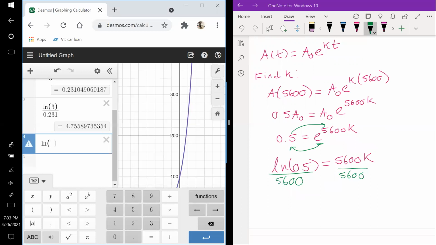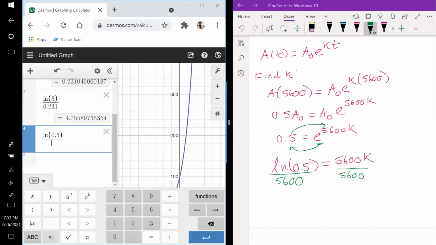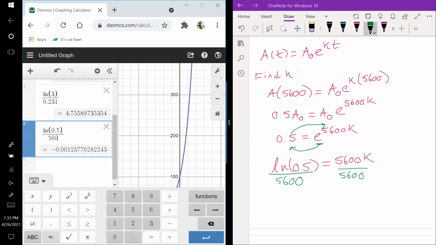Natural log of 0.5 over 5,600. And oh man, look at those decimal numbers. Let's go ahead and say negative 0.0000124. That's going to be our k.